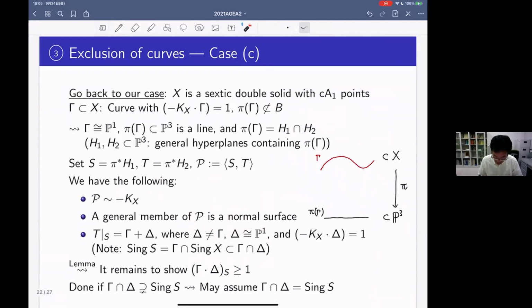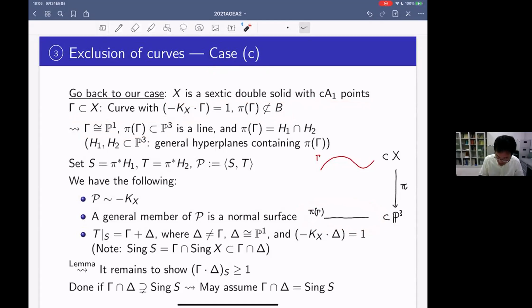Okay, from now on, the arguments get slightly complicated. So again, let's consider a sextic double solid X, and let gamma be a curve satisfying the assumption of case C. In this case, gamma is a smooth rational curve, and its image under the double cover is a line.